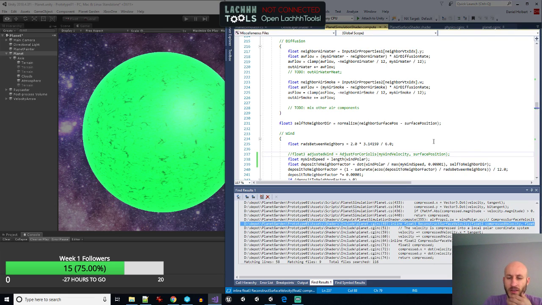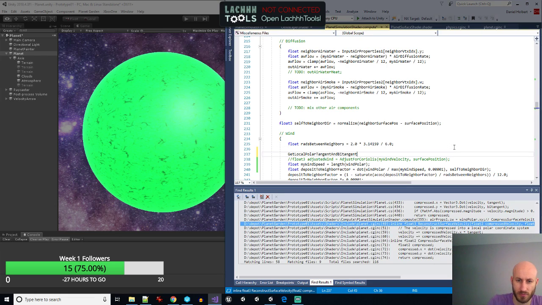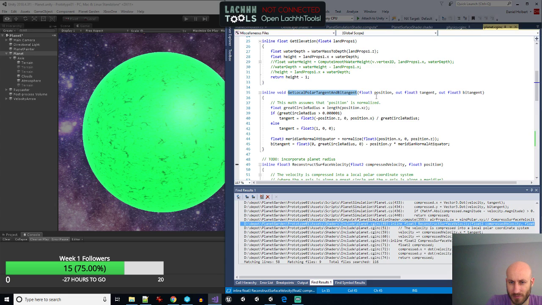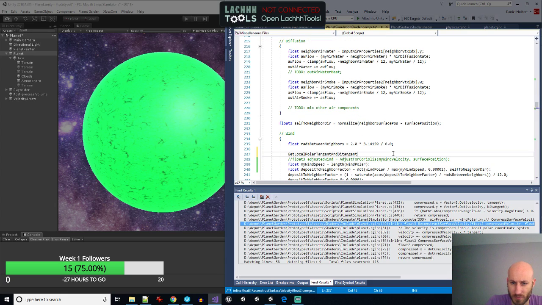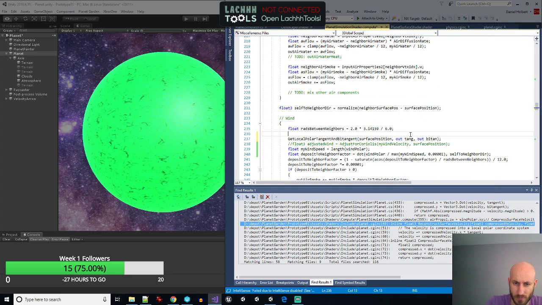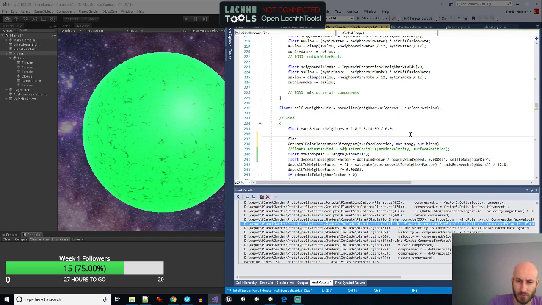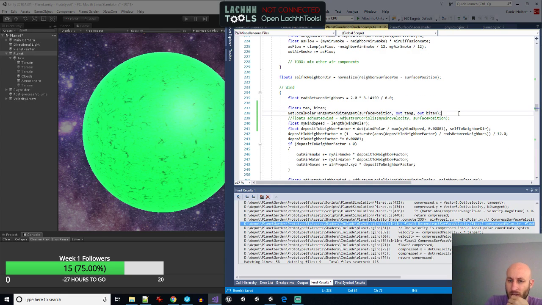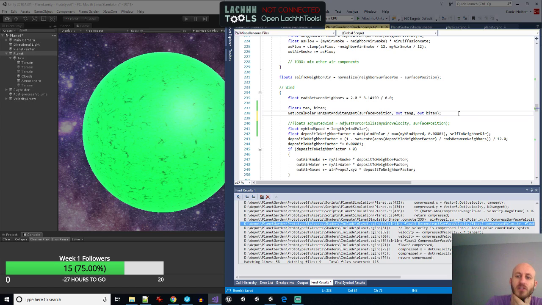To do that, I need to get the local coordinate system, and I have to physically compute a transformation.